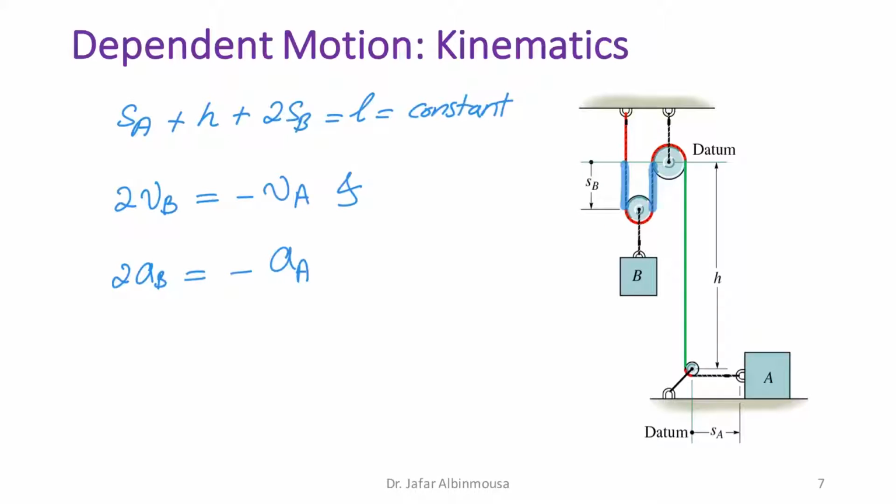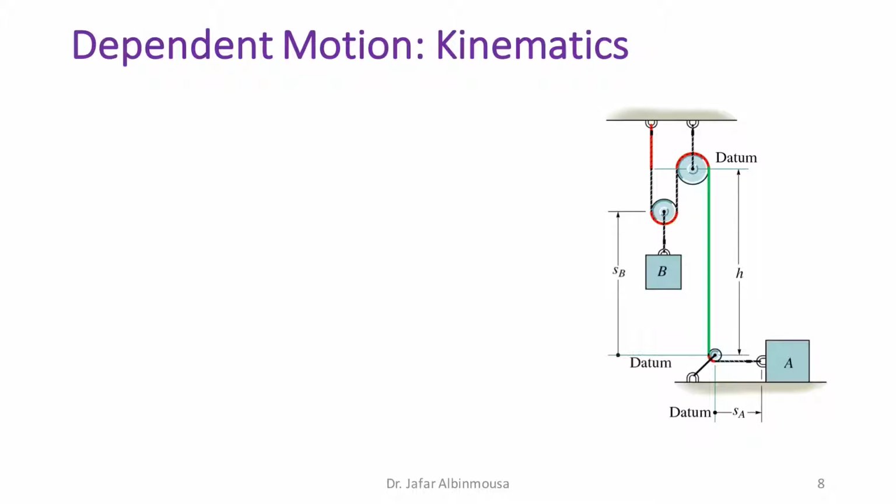Now, let's move on to the next slide and see how we can get this differently with a different datum. So here, again, we have the same problem, but this time, instead of defining the datum at a different location like before, we are actually going to establish the datum at the same point for both block A and block B. So this is the datum of SA.